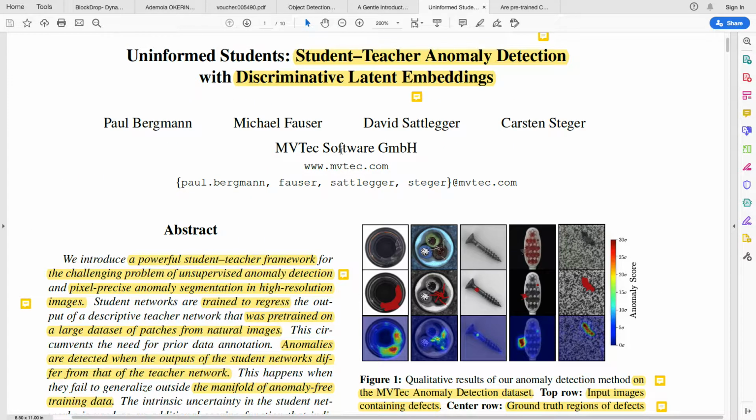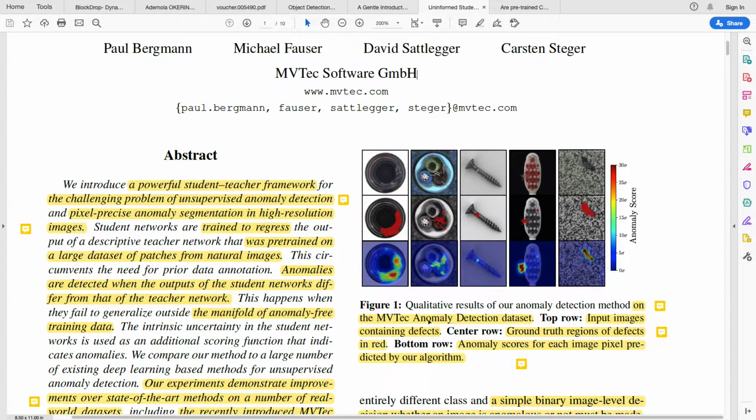But in this work, what this company did was they curated a data set which they call the MBTech anomaly detection data set. And in that data set, they only curated in the training set samples or items that do not have any anomalies, and they put in the test set samples that have the anomalies.